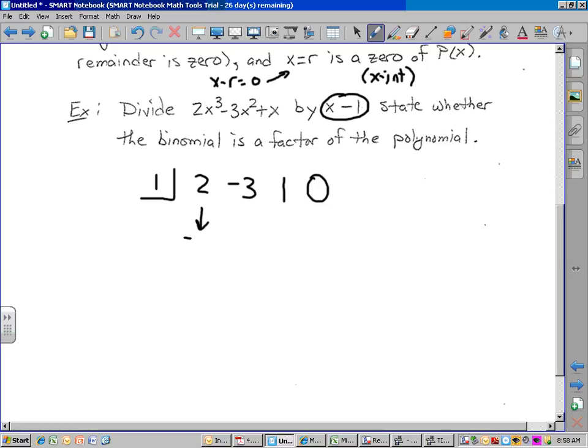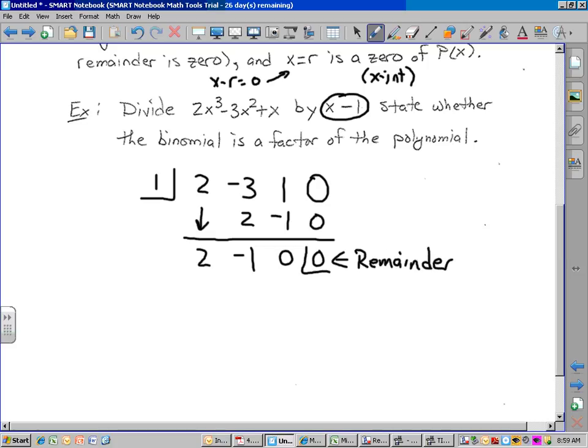We can now complete this synthetic division. 2 multiplied by the number in the half box is 2. Add vertically. -1. Take that times the number in the half box. -1. Add vertically. 0 times 1 is 0. Add vertically. The remainder is 0. That is big time.